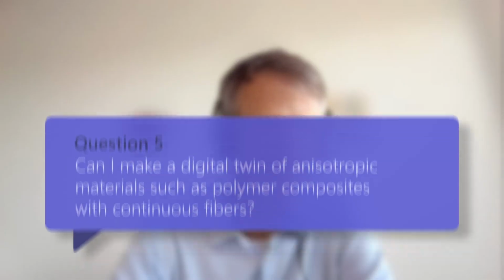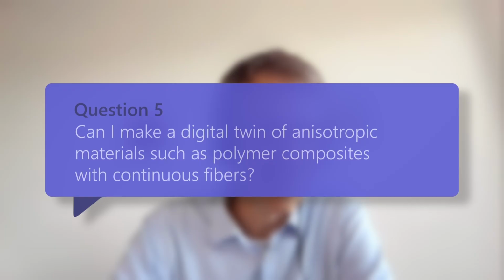And there is a question about whether I can make a digital twin of anisotropic materials such as polymer composites with continuous fibers. Yeah, I mean, fibers are almost always anisotropic. They have a certain preferred direction.